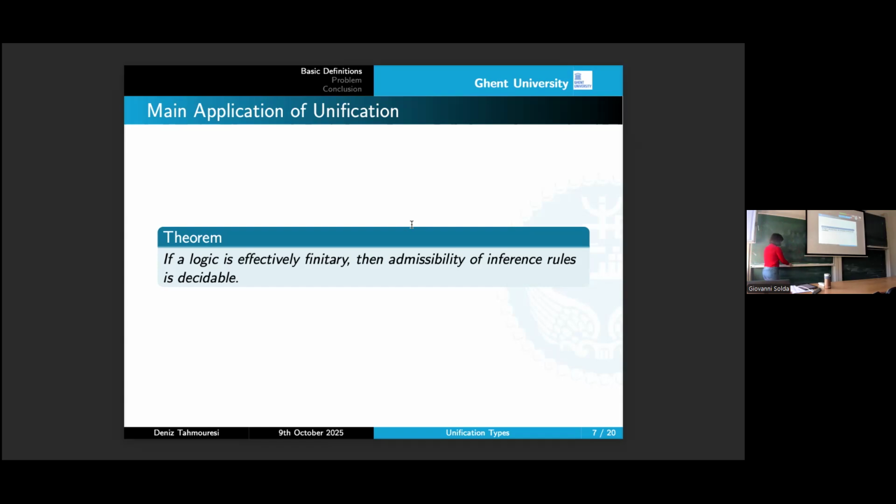Because something I must say is that when you have the complete set of unifiers, and you have a rule, applying it on the first part should result in the second part, and this is something you can use to say whether the admissible rule is decidable or not. You only need to check the admissible rule for the ones in the complete set of unifiers, because they are the most general answers.